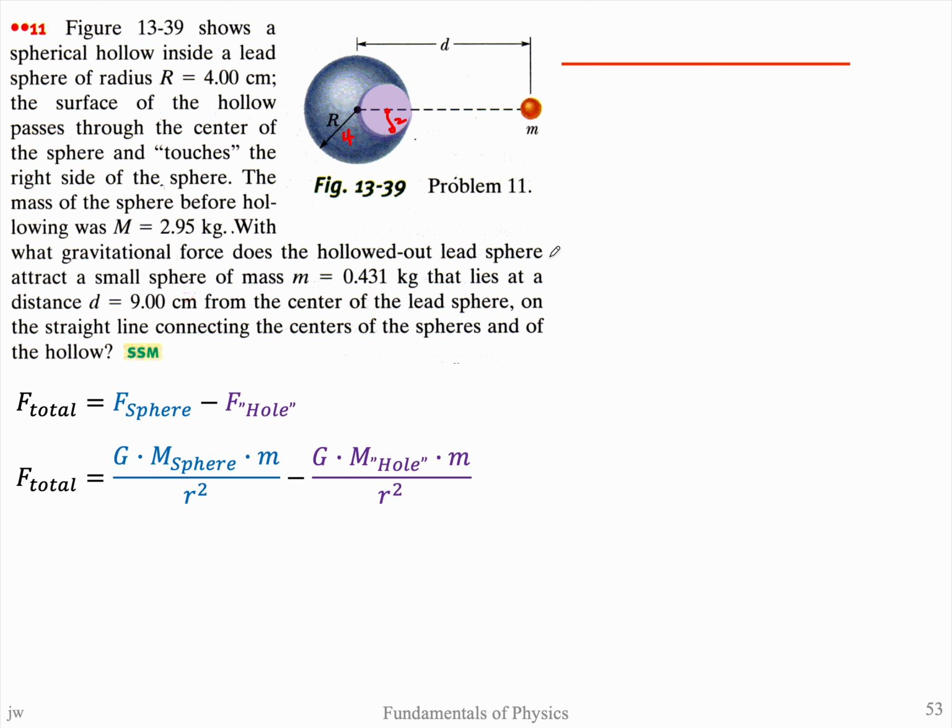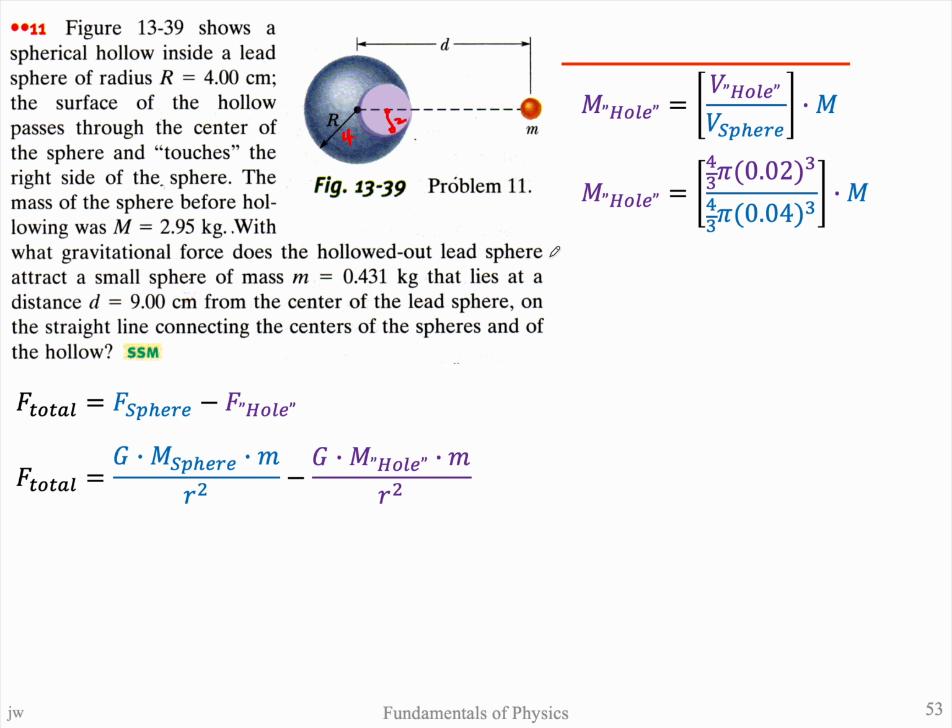that was removed was. To do that, it might seem logical that the mass of the hole should be equal to the volume of the hole over the volume of the entire sphere, that ratio times the entire initial mass. And that turns out to be true. Plugging in our numbers, remember again the radius of our small hole is 2 centimeters. The radius of the entire sphere is 4 centimeters.